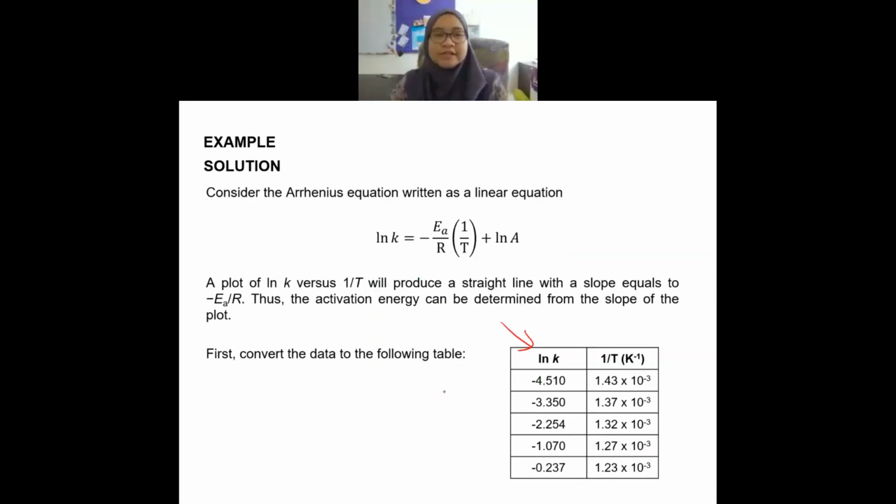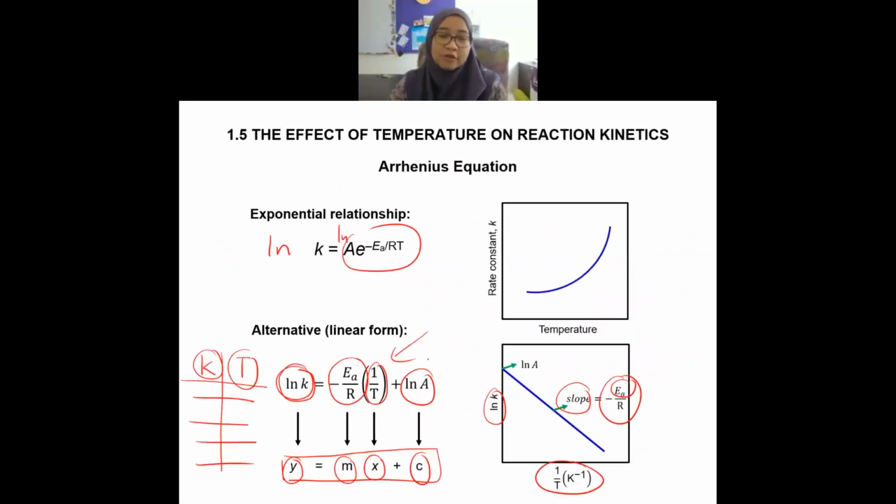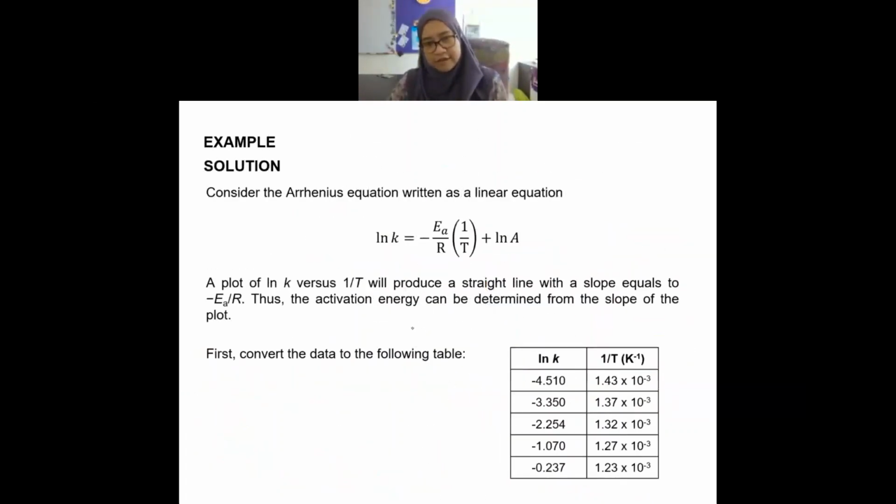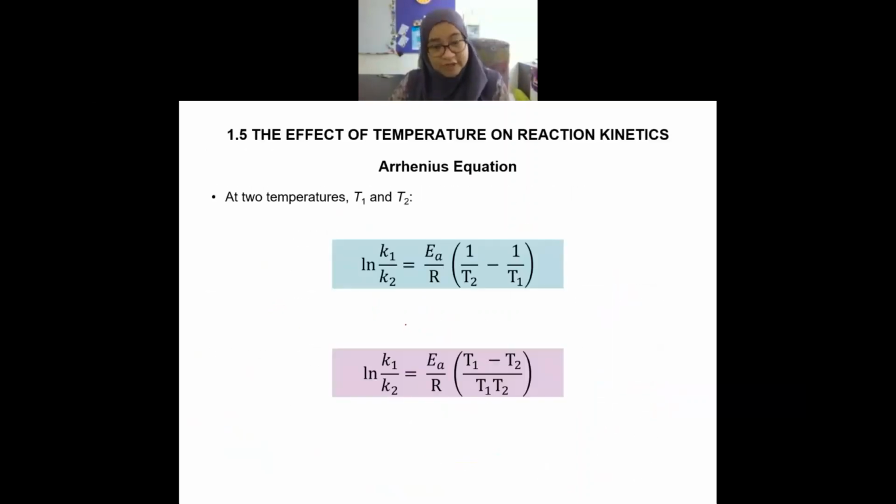So this is the formula that you should know. This one is for one temperature at a time, meaning we can only put in one temperature in this equation. But for this one, we have the last formula, where we can relate the two different temperatures at once in one equation.